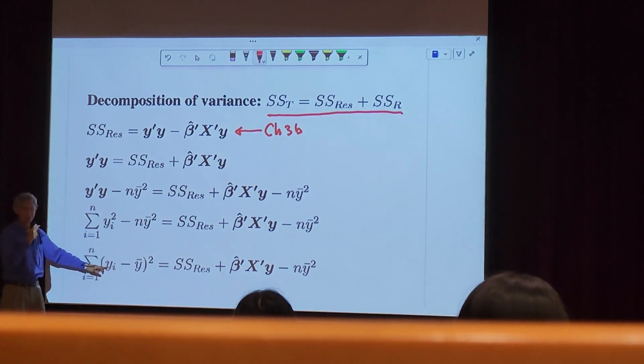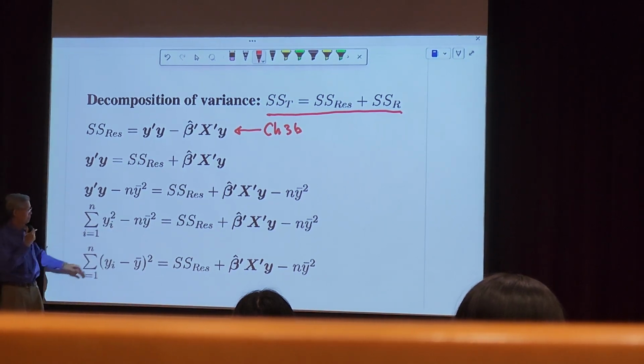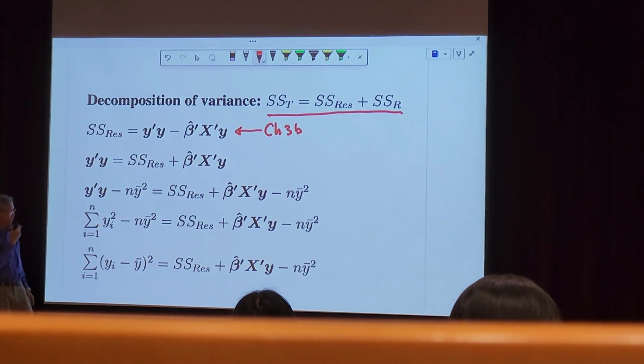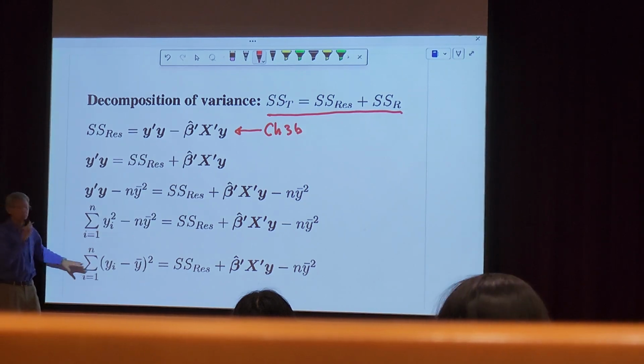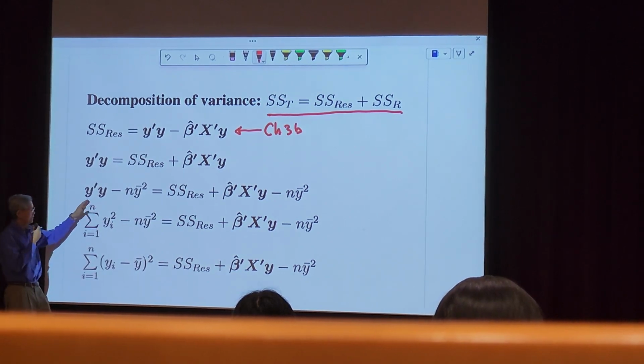what you find is this. This is a simple exercise. I believe you can do it easily. Just expand this, and you will find that these two are the same. Right? So this is the uncorrected variation in y.